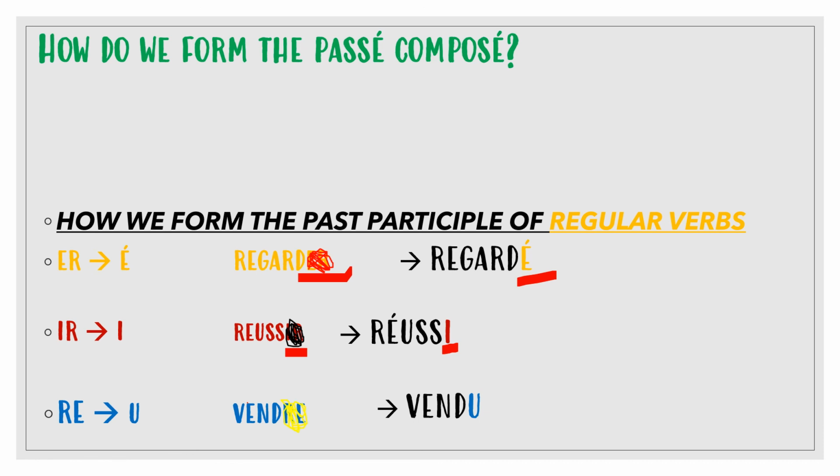For RE verbs, drop the RE, left with the stem VEND, and you add a U and you get vendu. Regardé, réussi, et vendu. Alright? Okay, let's move on to the next one and put this into practice. Yes? On y va. I think you're ready.